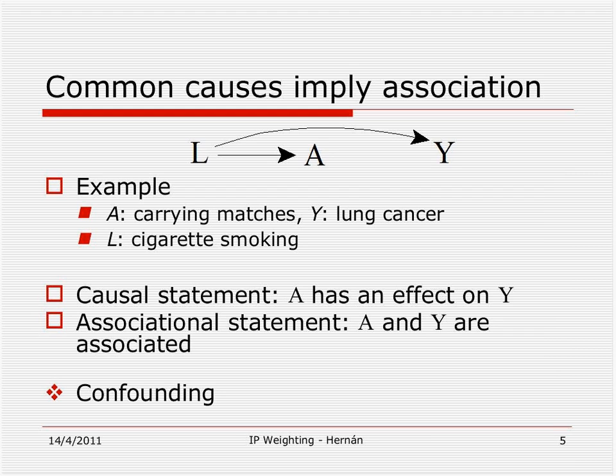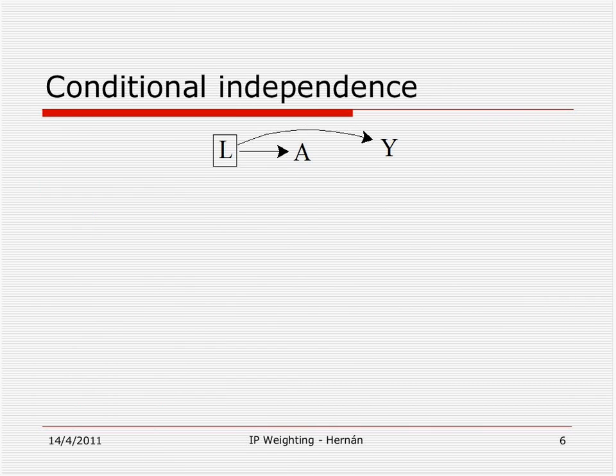Okay, this is the graphical representation of confounding: the presence of common causes of treatment and the outcome. We adjust for confounding by conditioning on the confounders, and that is what that box there means. The box around the L means that we are adjusting for confounding by stratification or by adding the confounder to our model.